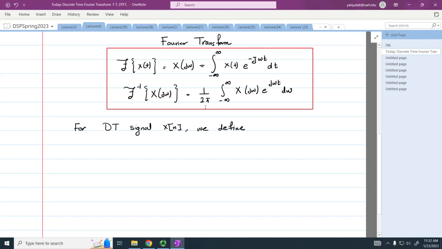Discrete time Fourier transform. And the way we're going to define this transform is by associating with x of n the continuous time impulse train.